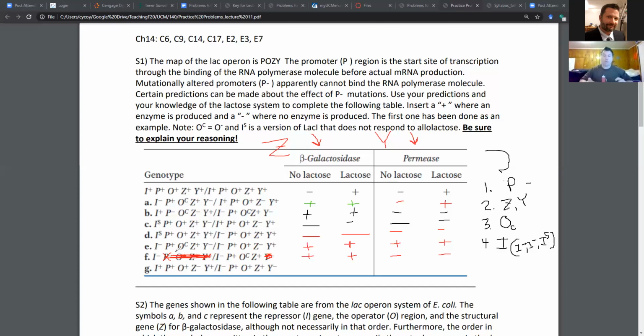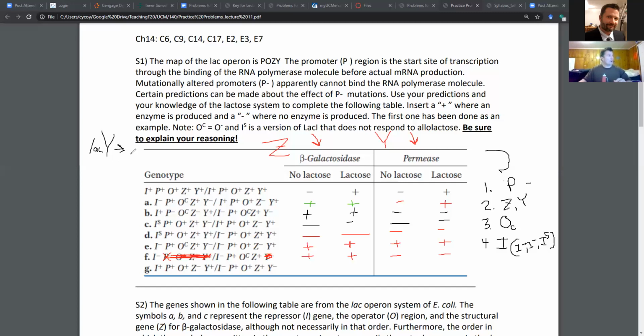No, LacY is not associated with permease. LacY is permease. So if we wrote this out, these are great questions. Genes are written in italics. So if we have LacY, what is the protein product?